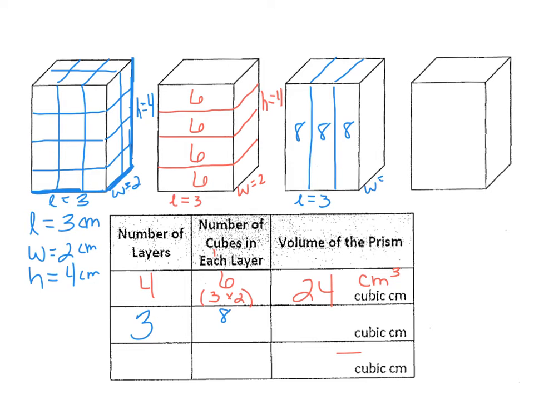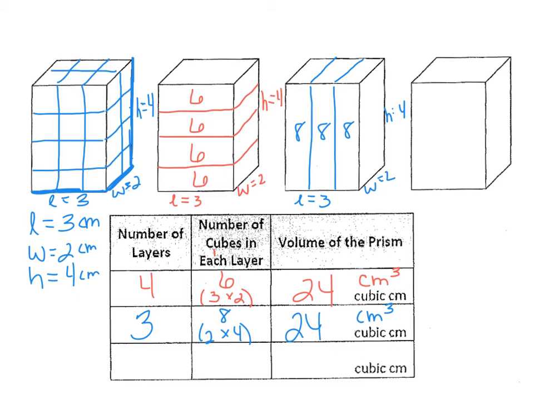So width meaning 2 and height meaning 4. So I could have done 2 times 4, or even 4 times 2. So what's 3 times 8? 3 times 8, we love it, is 24 cubic centimeters. Oh ho ho, but we're not done.